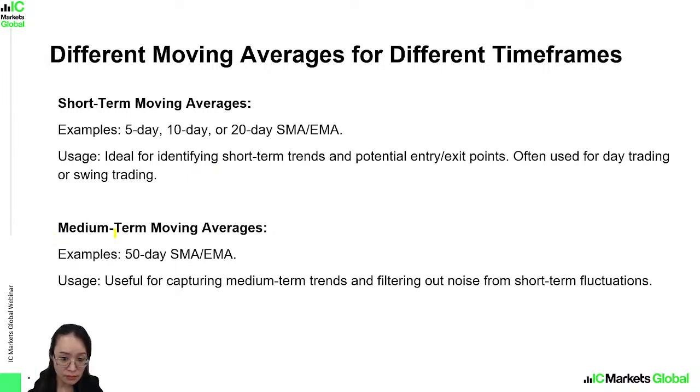For the medium term moving average, maybe you can use 50 EMA. So basically I personally don't use 5, 10 and 20. For gold I'm using 100, 250 EMA.